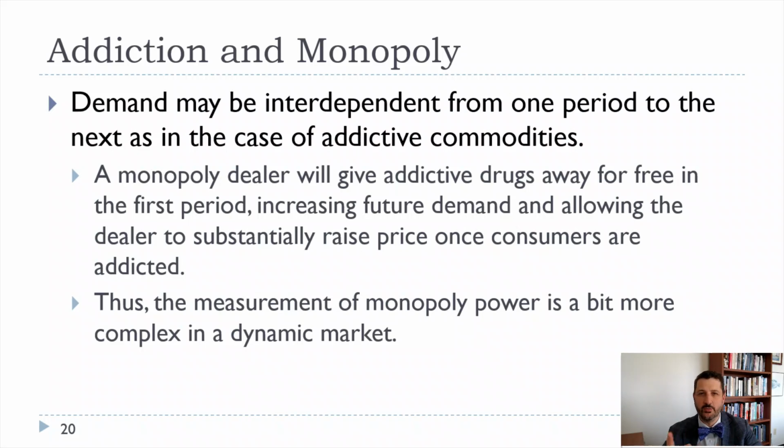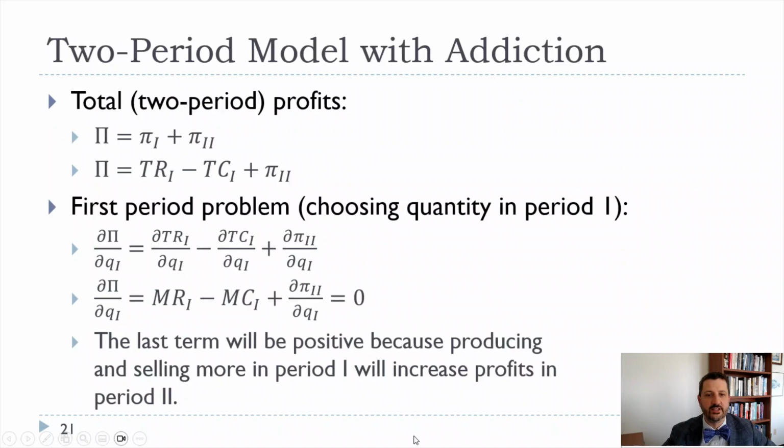And so the firm needs to take that change into account in the second period when they're setting their first period price and quantity. We won't solve this too technically, but we'll walk through the intuition here. And so it's a two-period model, right?